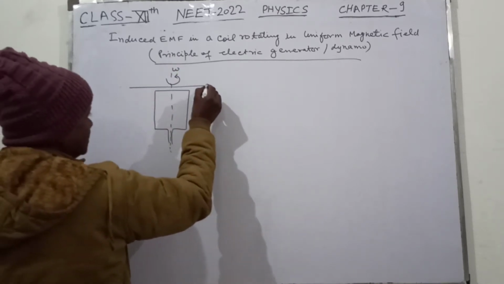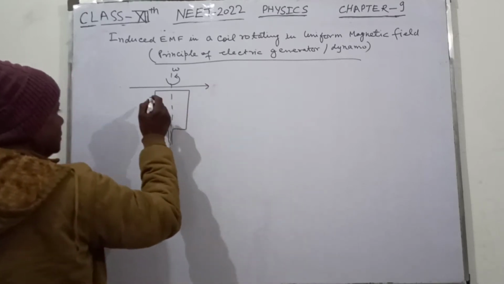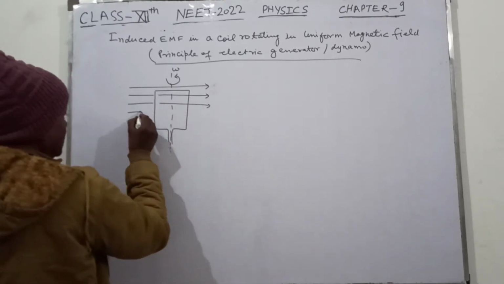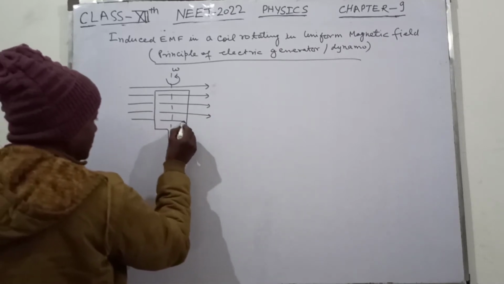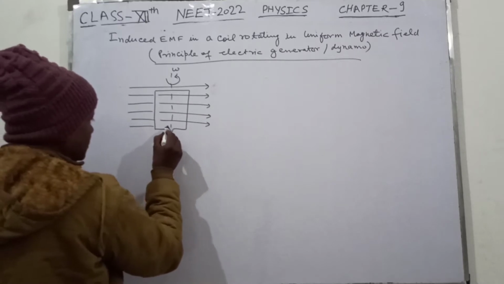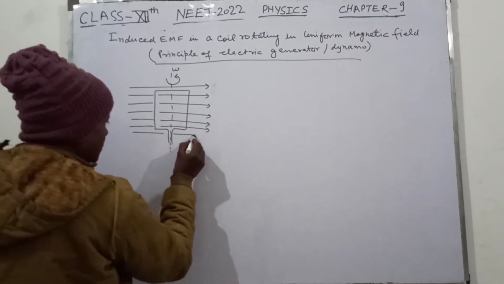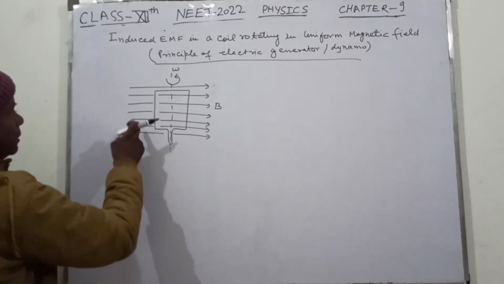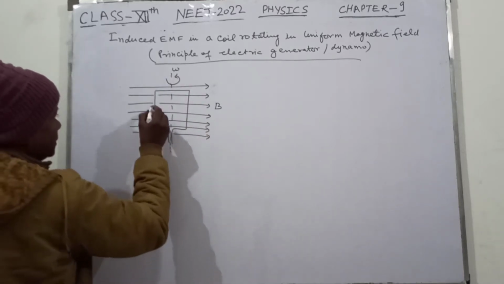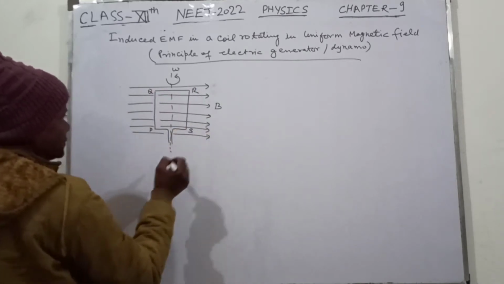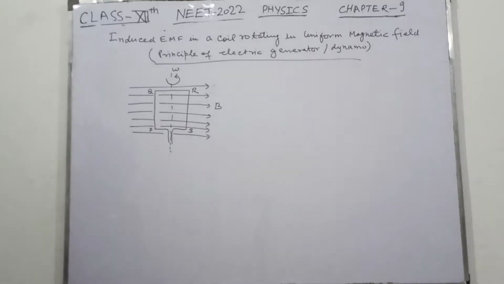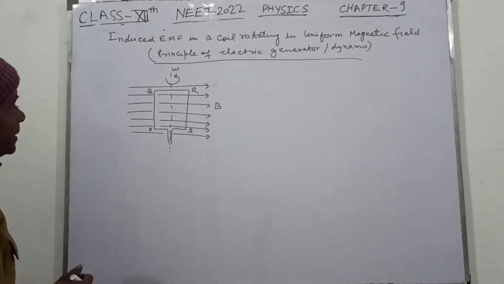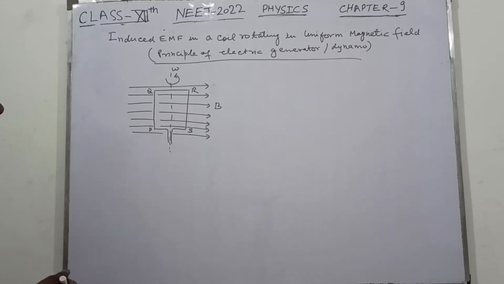This is the magnetic field B. This is now coil PQRS, and let it have the number of turns N, and surface area A. Let at any moment, it be making an angle theta with the direction of the magnetic field.